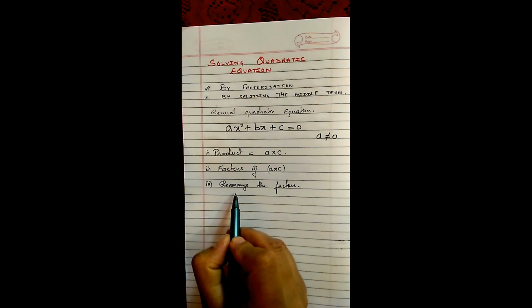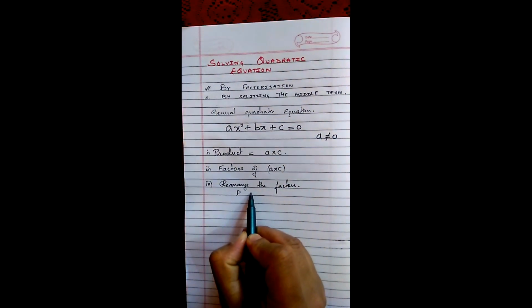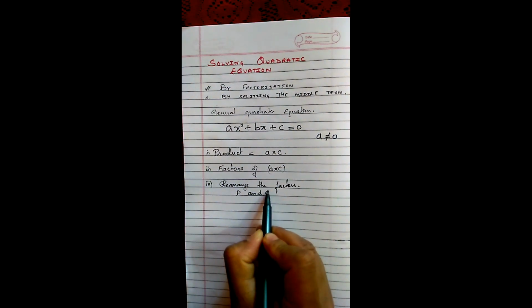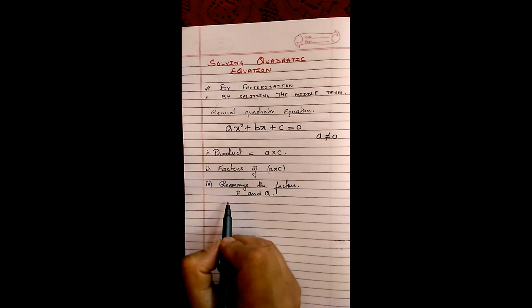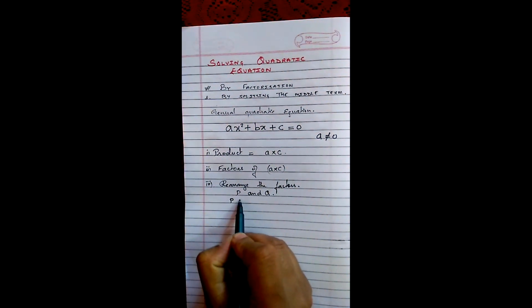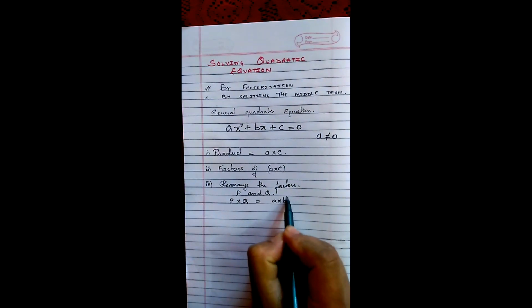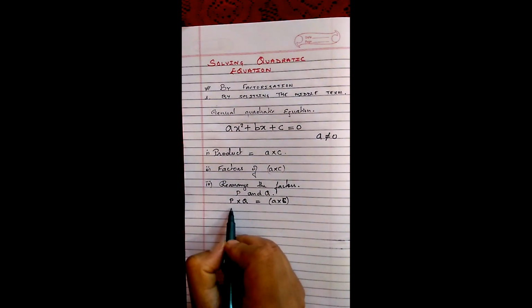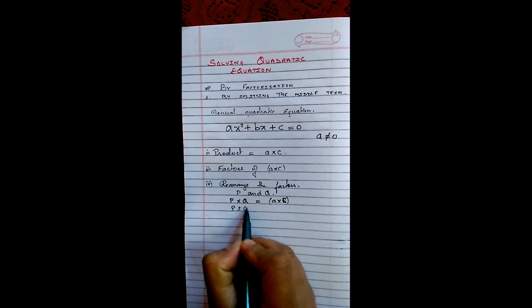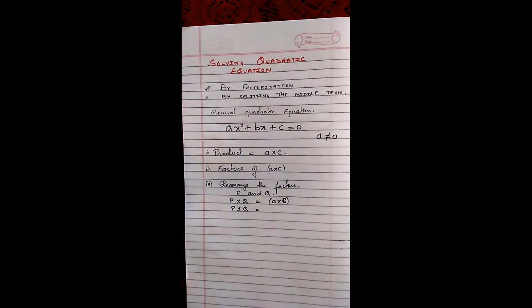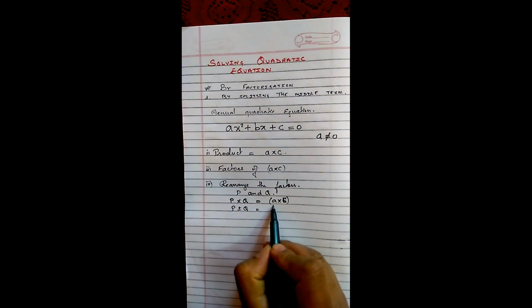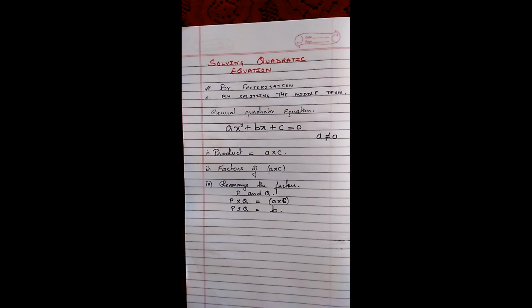such that we get two values p and q, where p into q will give me the product same as a into c, and p added to q or subtracted from q will give me the value b.